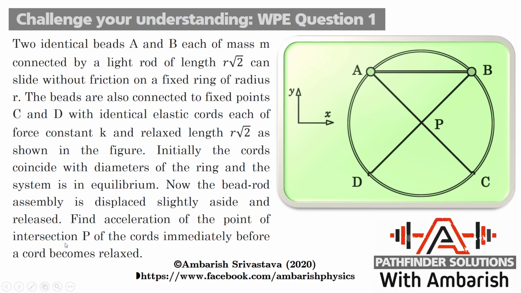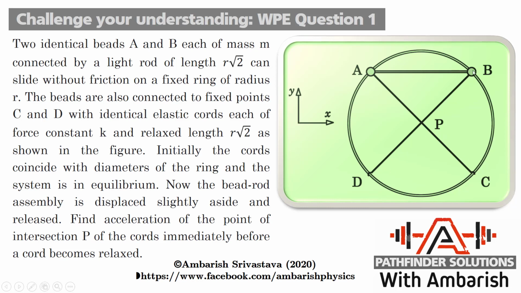So now when do the cords become relaxed? Their natural length is r root 2. Right now, since this is a diametric arrangement and this length is also r root 2, that means this is a 90-degree angle, and these are diameters.